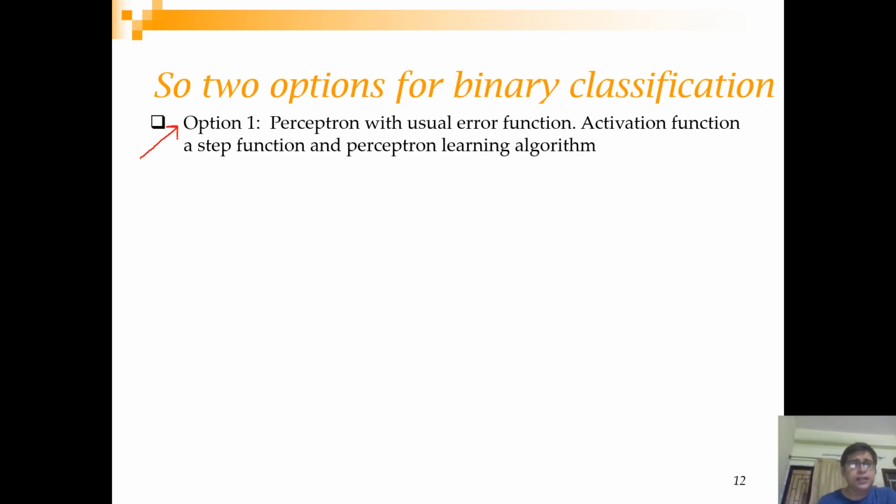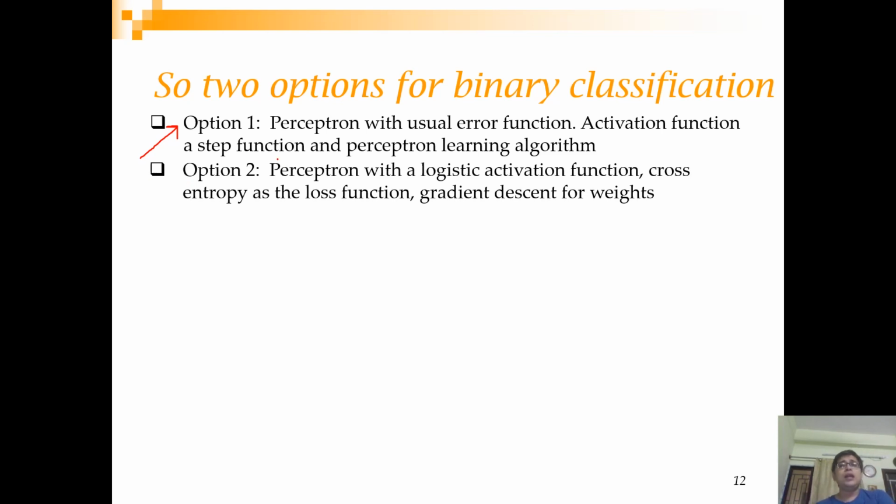Now, in logistic regression, we are using perceptron with a logistic activation function, cross entropy as the loss function, and gradient descent for weights. So we have got two options now. Which one should we use? Is there a benefit of using option 2?